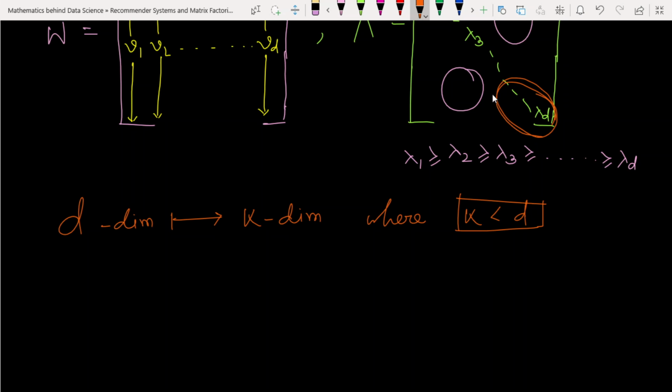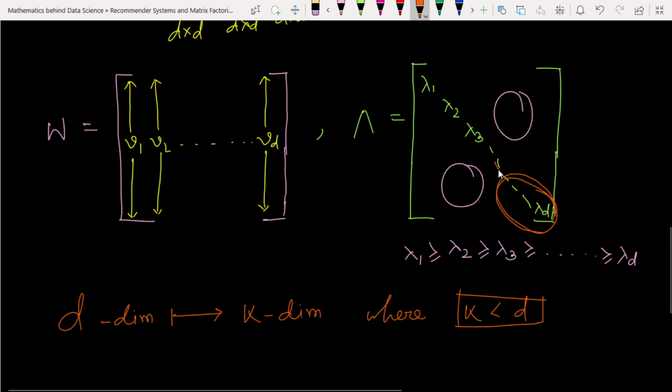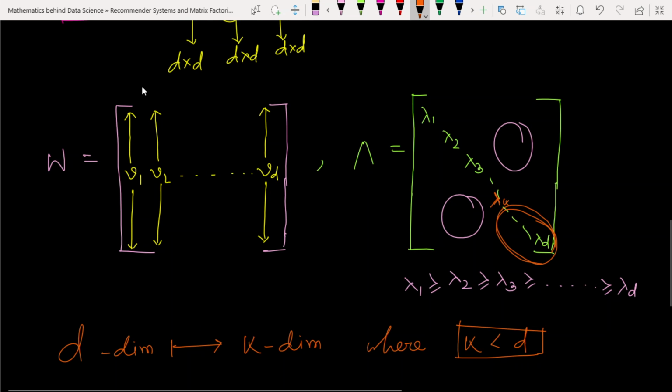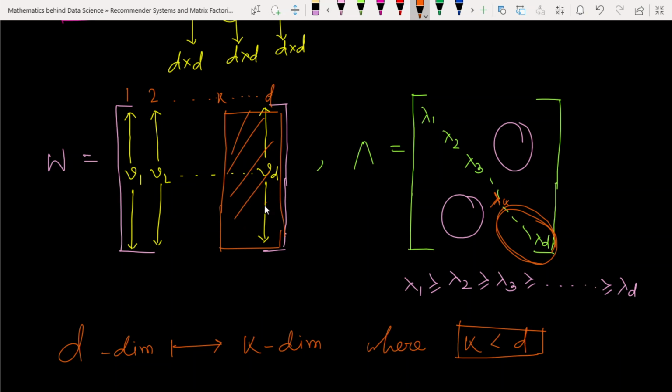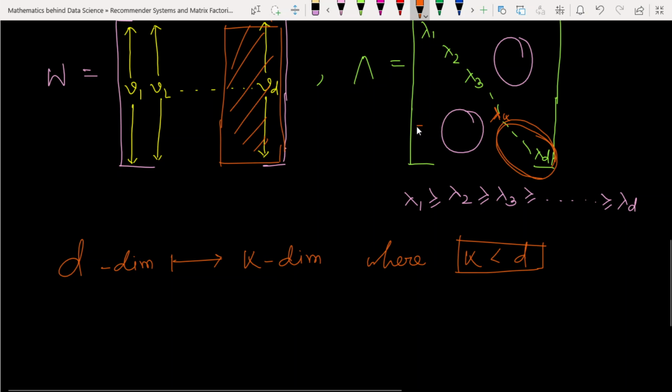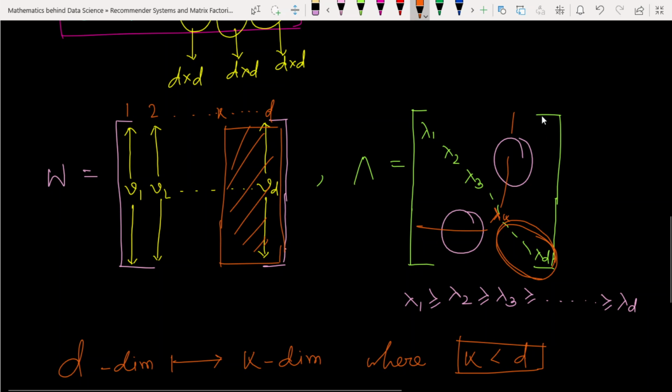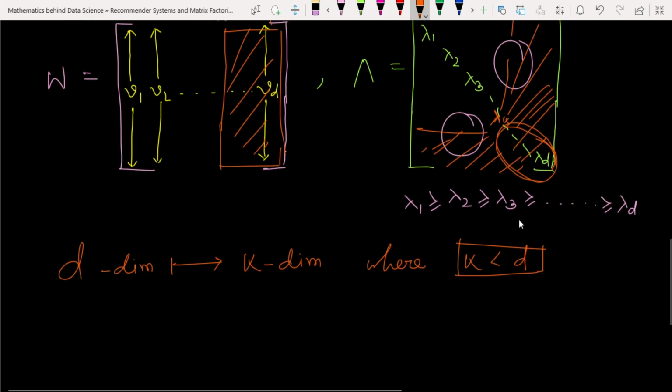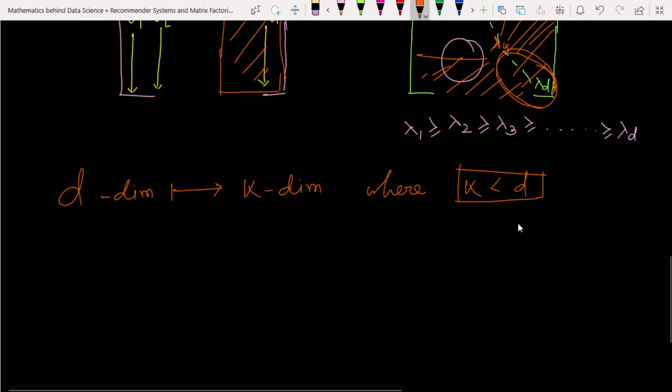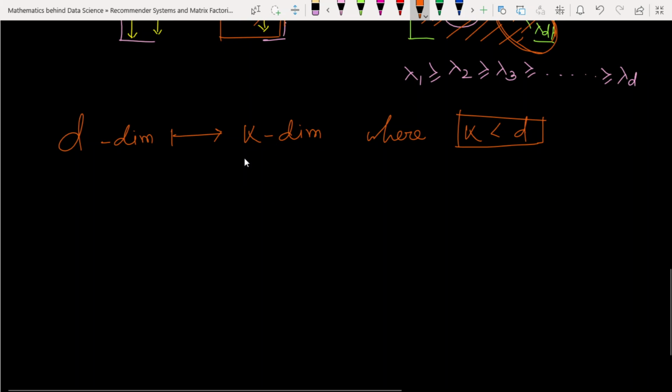So let's take up to lambda K here, and neglect the rest. Similarly for the eigenvectors, we do not consider them in our data. This is the dimensionality reduction that we have applied here.